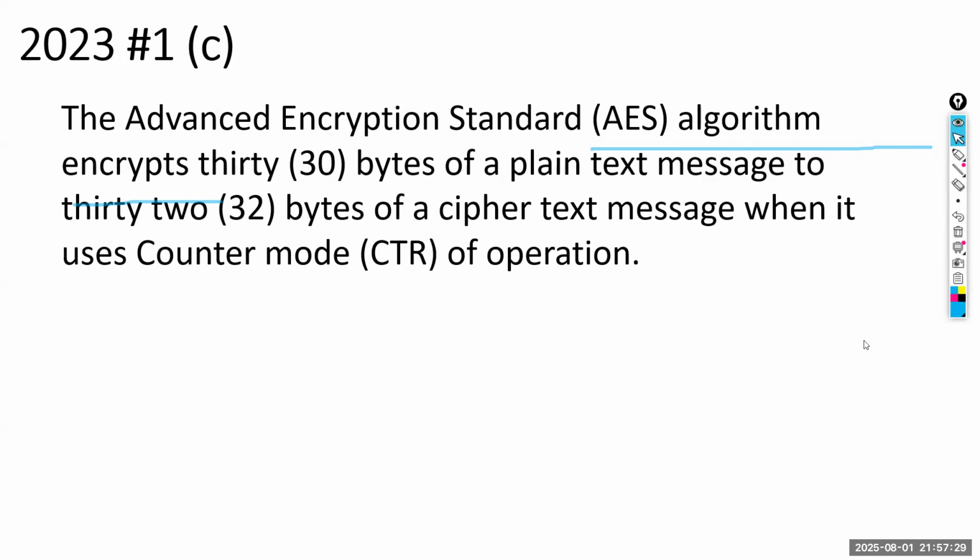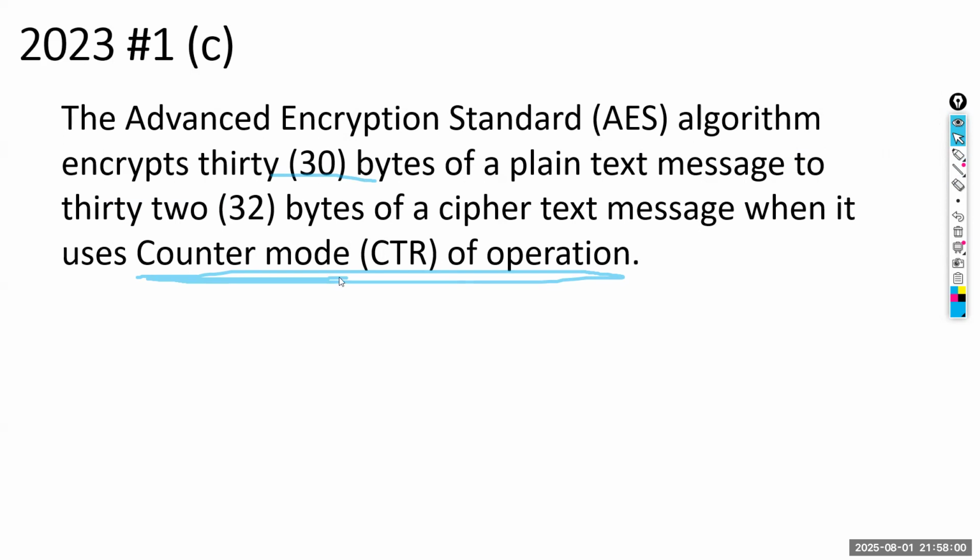Right. 2023 question 1 C. The AES algorithm encrypts 30 bytes of plain text message to 32 bytes of ciphertext message when it uses counter mode. Remember, when it uses counter mode, your ciphertext is of the same size as the plain text. I think in 2024 the same question was also there. So if it is 30 bytes, the ciphertext is also 30 bytes.